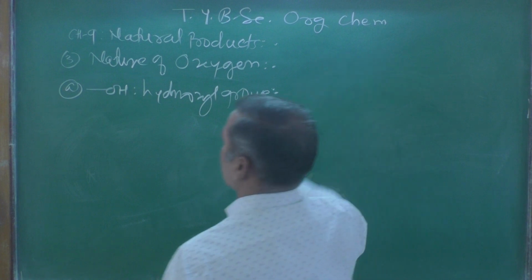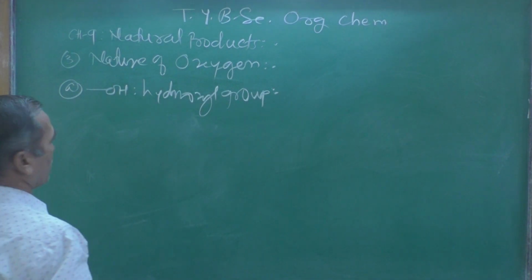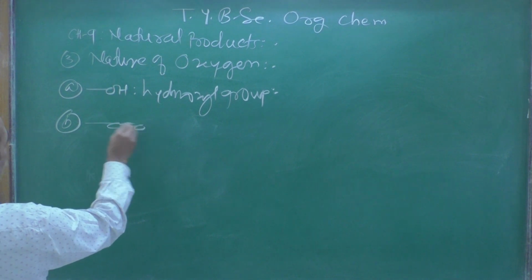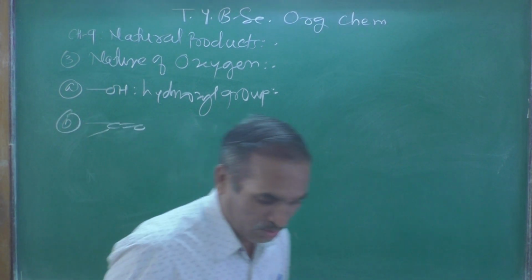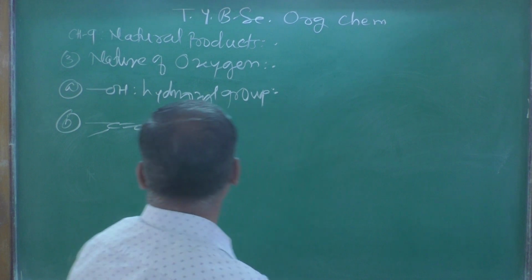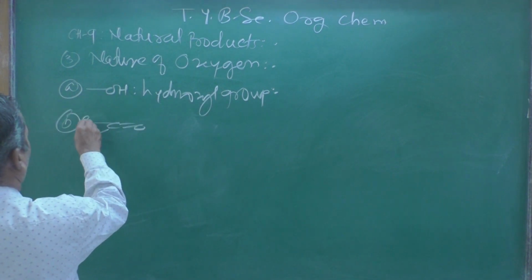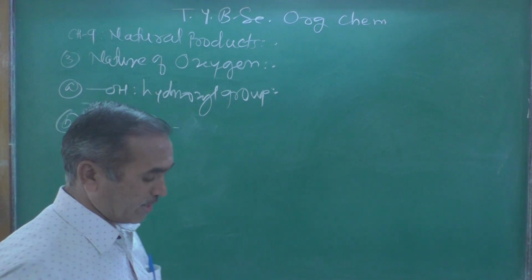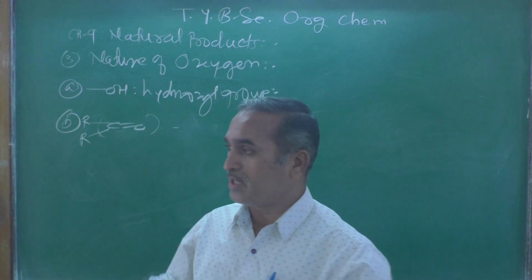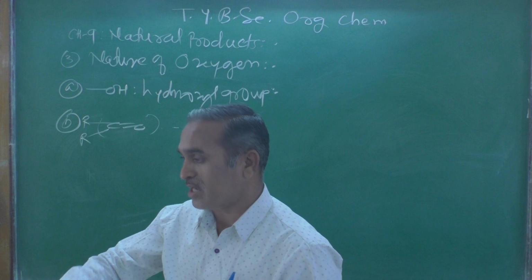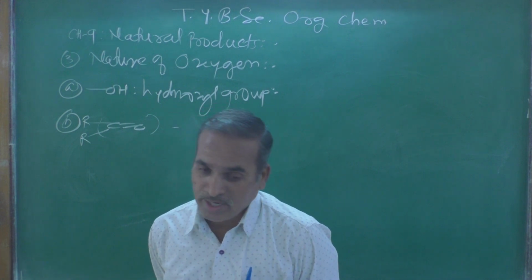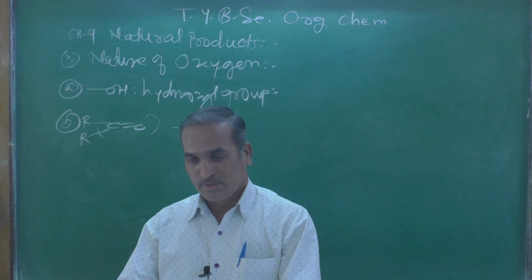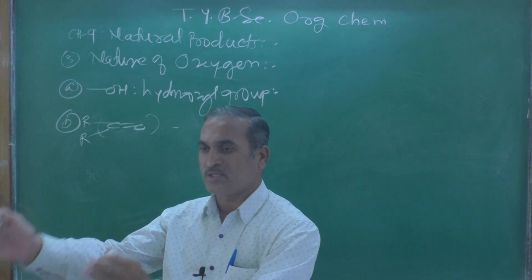Now let us see the second one. The second one is the carbonyl group, C double bond O, with R on either side. The carbonyl group is present in aldehydes as well as ketones. Then the question arises: how do you distinguish an aldehyde from a ketone?